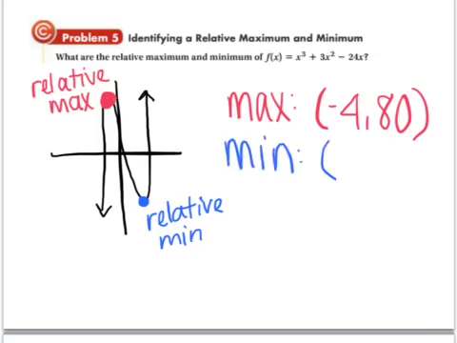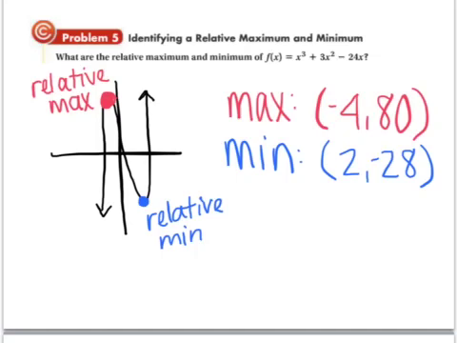Just zoom in to your minimum point, read the ordered pair that it's at. Cameron. Very good. That's all there is to it when you're finding relative maxes and mins.